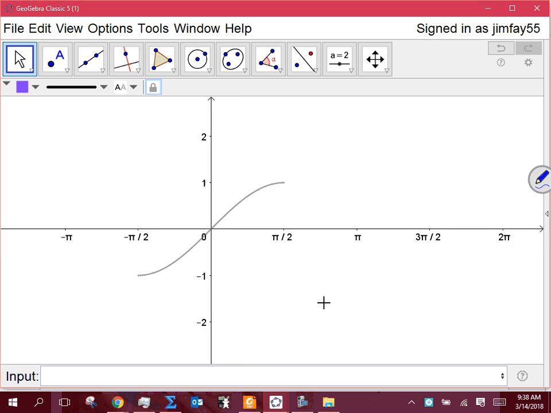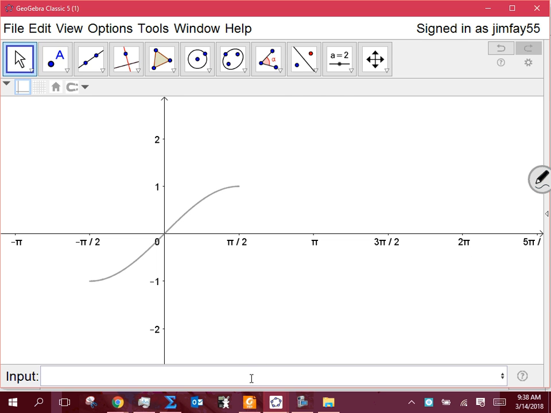Okay. Now, on that curve, we have points like, let's see if this will work. We have pi over 4. It's not going to do it the way I want it to. Comma, square root of 2 over 2. No, doesn't work. We have that point right there, right?